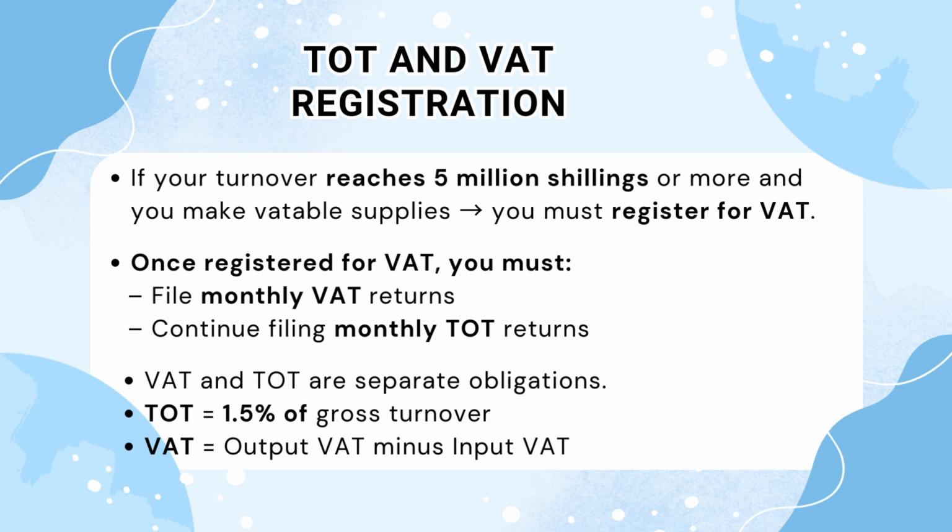The difference is what you pay to KRA. That is a different process that needs a separate video, explaining how to file your VAT in case you have gotten to that level of 5 million shillings per year turnover. I will have a separate video to show you how to file the VAT. So if your business reaches 5 million, prepare to comply with both VAT and TOT requirements. That's a must.